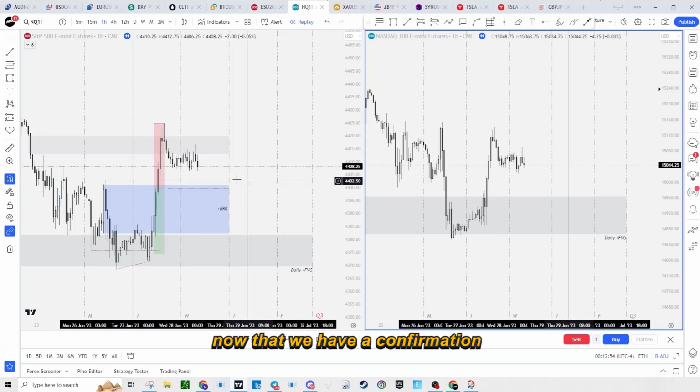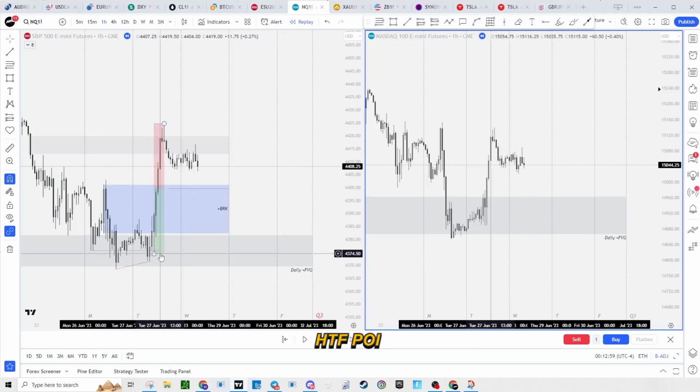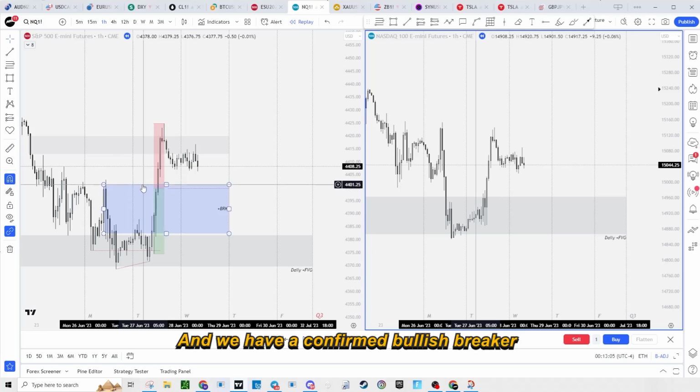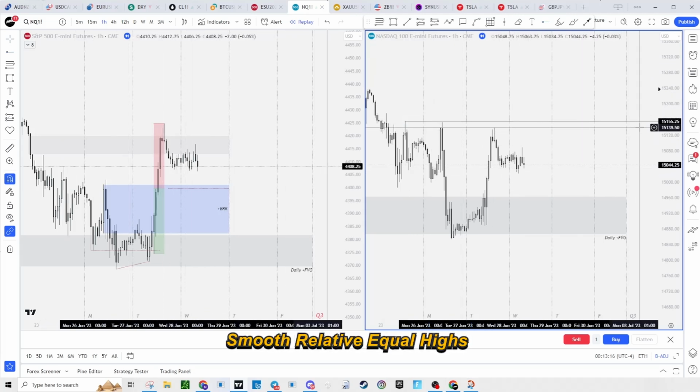Now that we have a confirmation that price has energy off of our higher time frame POI, our daily bullish fair value gap, and we have a confirmed bullish breaker. I also did like the fact that NASDAQ had smooth relative equal highs lying at 15,155.